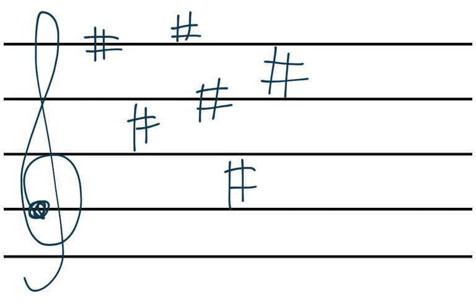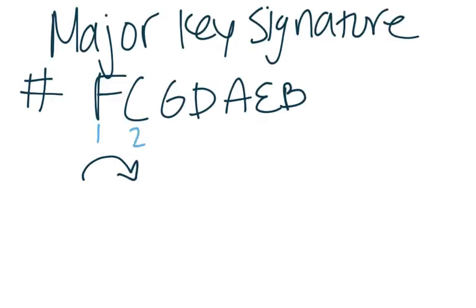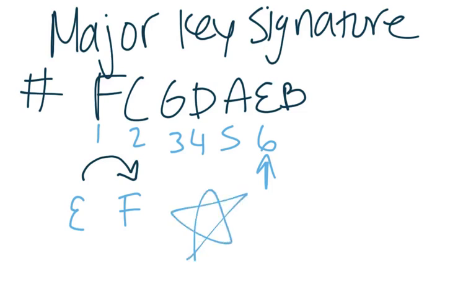Let's try this key. There are 1, 2, 3, 4, 5, 6 sharps. This means that the last sharp is the E sharp. So we're going to go to the next letter in the musical alphabet, which is F. However, this is a special rule.